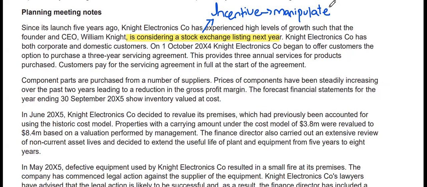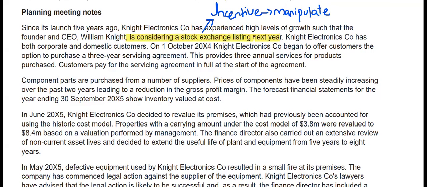While you're doing this on your answer screen, you should copy this line that the founder and CEO is considering stock exchange listing next year. Copy this line onto your answer screen for half a mark, and then explain why it seems risky.